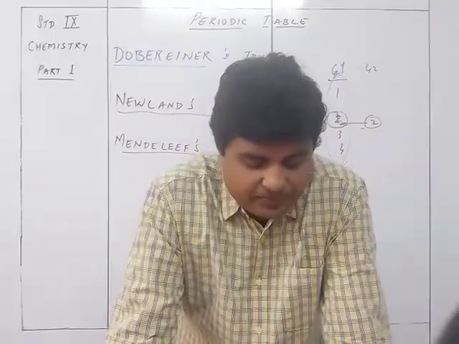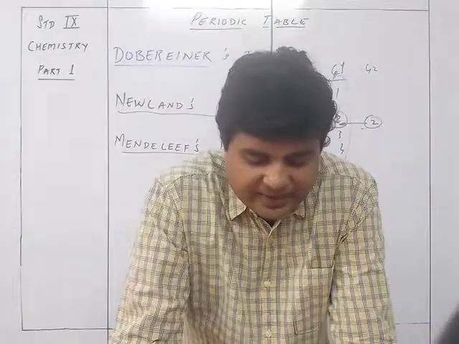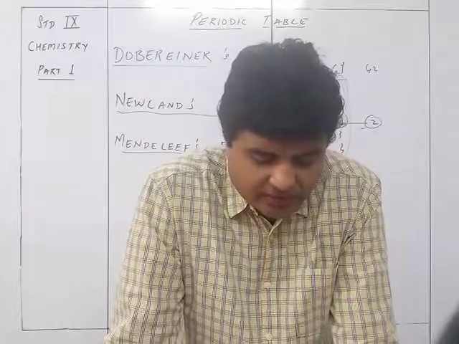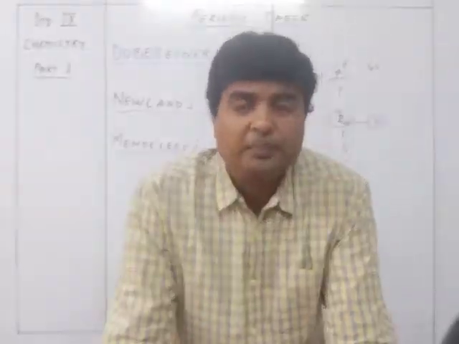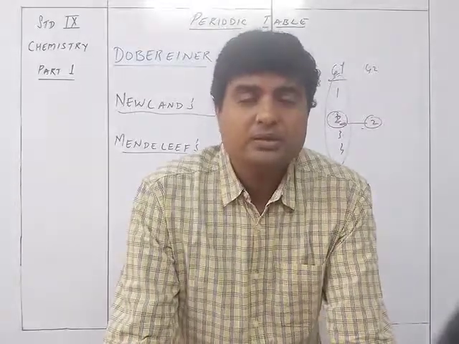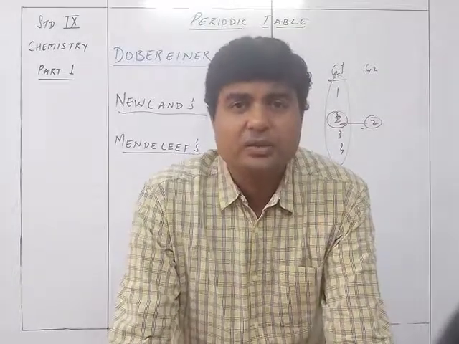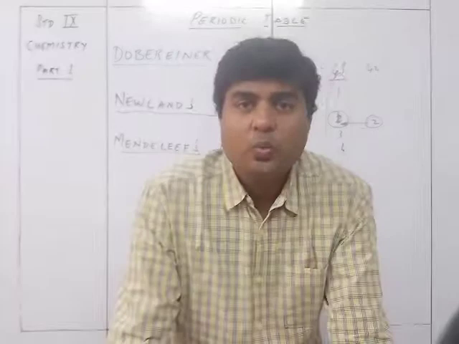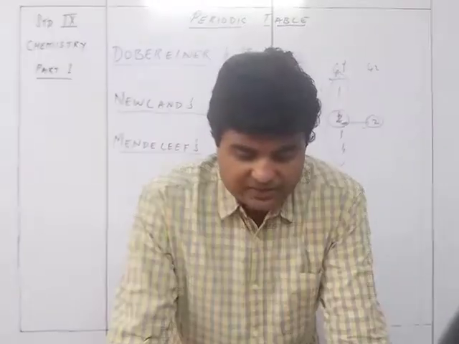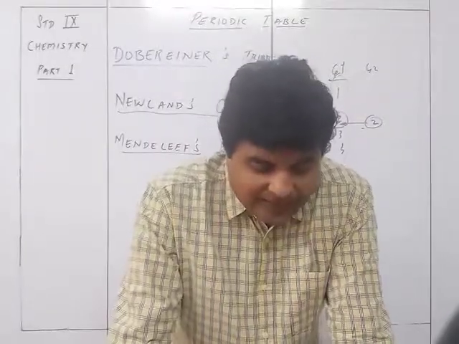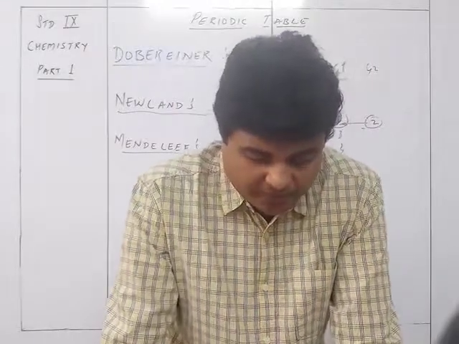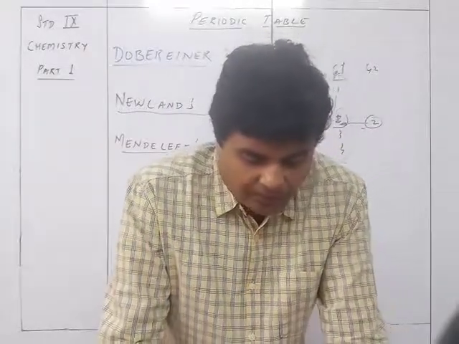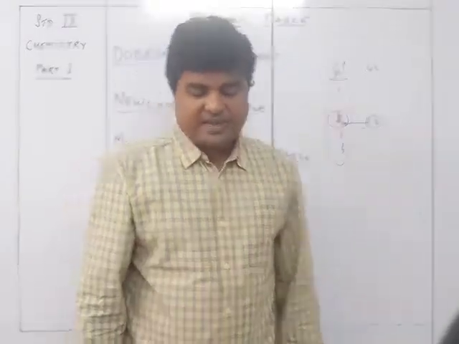Mendeleev's contribution: elements were arranged in increasing order of atomic weights in horizontal rows called periods and vertical columns called groups. So he made the table with the horizontal rows as the periods and the vertical columns as the groups. Elements which are similar with respect to their chemical properties are grouped together and have atomic weights of nearly the same value.